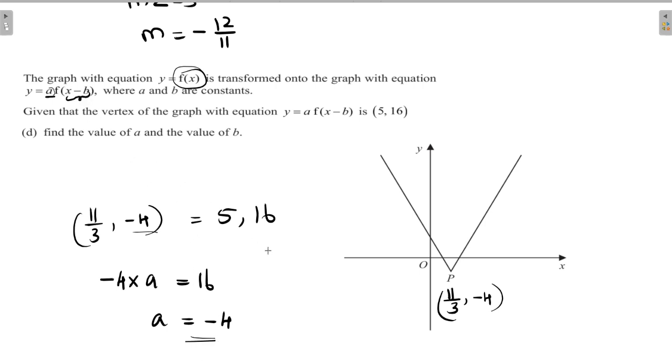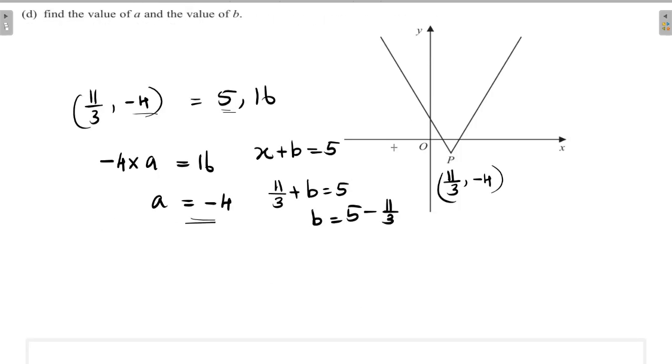So x plus B is equal to 5. What is our x coordinate? 11 by 3 plus b is equal to 5. So b is equal to 5 minus 11 by 3. So 15 minus 11 is 4 by 3. B value is 4 by 3. So we found A and B values.